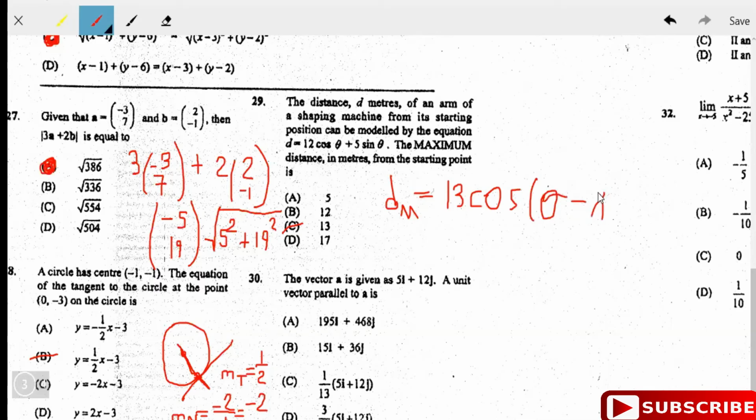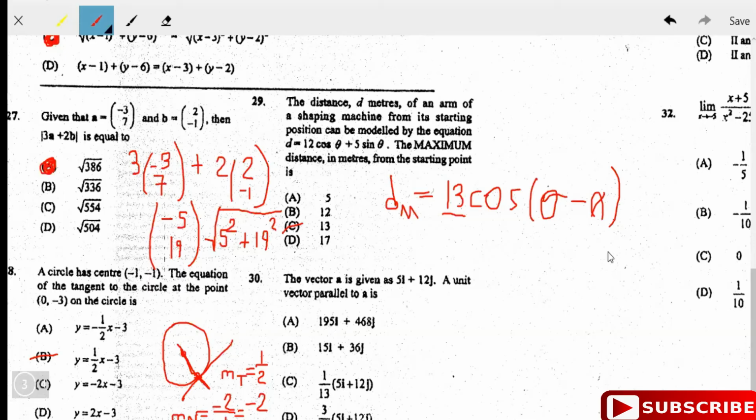And so the maximum value is going to be R, which is 13. So that's the unit 1 method. Using a calculus method, we could differentiate.